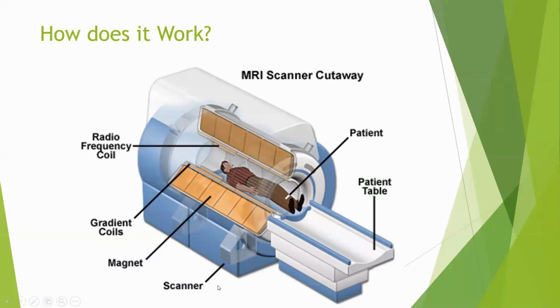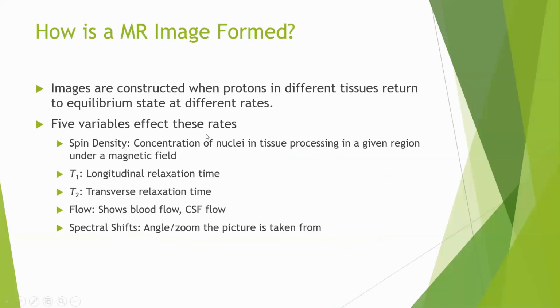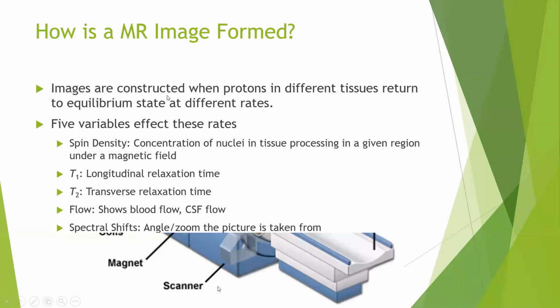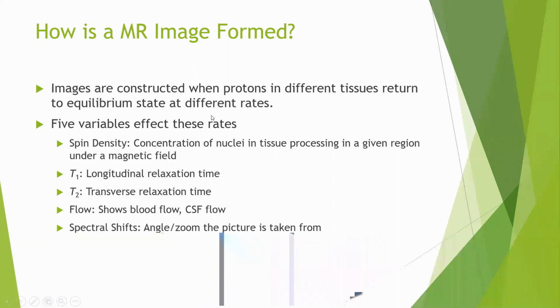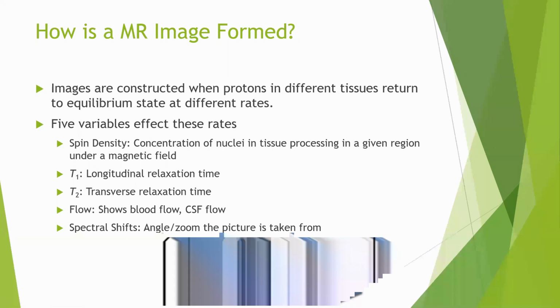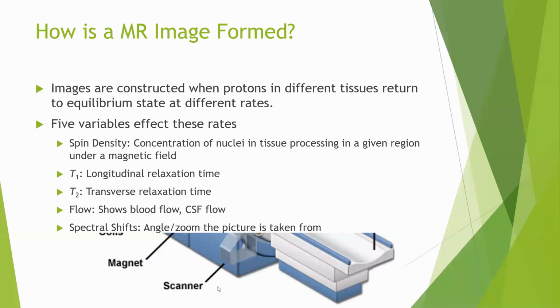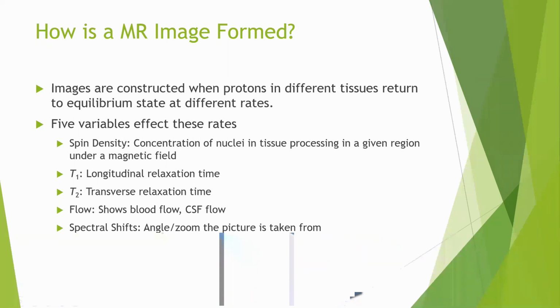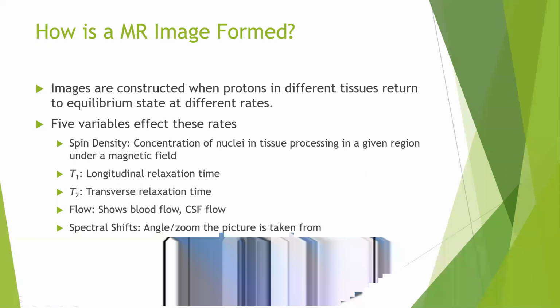Okay, all right. So how is the MR image formed? Images are constructed when protons in different tissues return to equilibrium state. What is important for you to know? At different rates. Now, this is the clue to why MRI is so important to understand relationship between tissue structures, because it is the same proton that you are imaging, that you are seeing in the MRI scan.